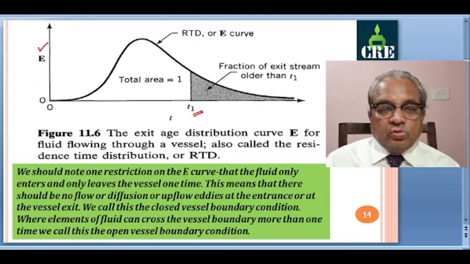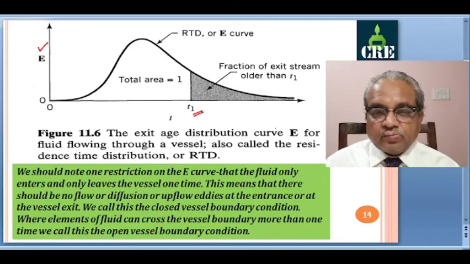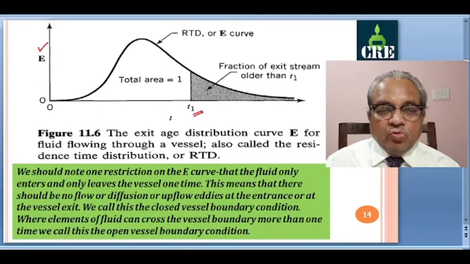So we should note the one restriction on the E curve, that the fluid only enters and leaves the vessel one time. It is entering at once and leaving at once. That means there is no flow or diffusion or upflow eddies at the entrance or at the vessel exit. We call this closed boundary conditions.